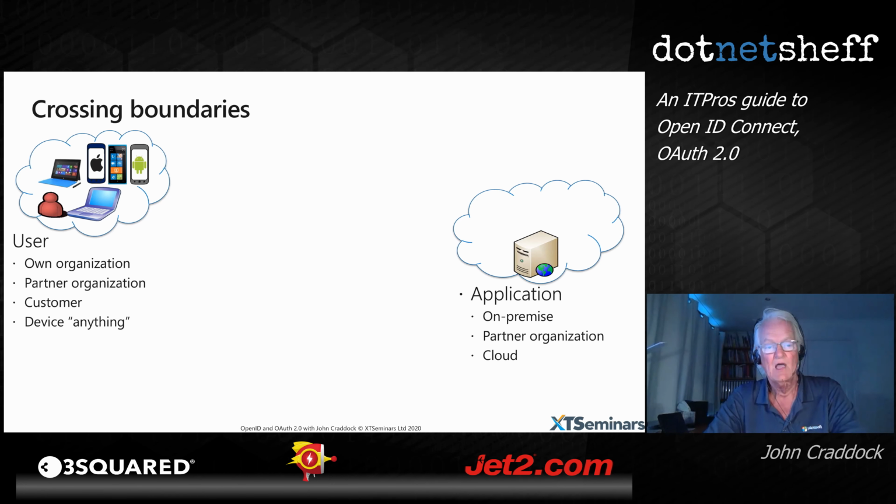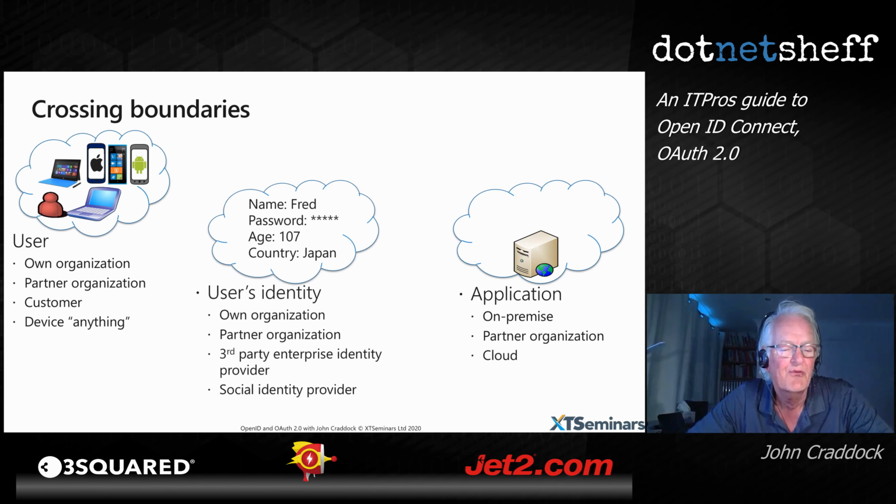Next question is, where are those users' identities? Those identities could be their primary source of identity from their own organization, or from a partner org, a third-party enterprise identity provider, and a really good example of that is Microsoft Azure AD.